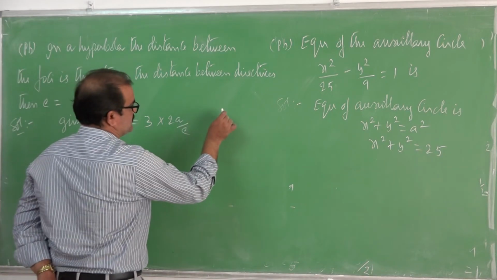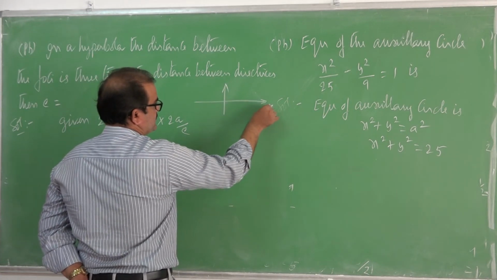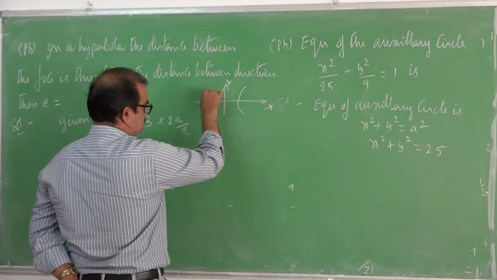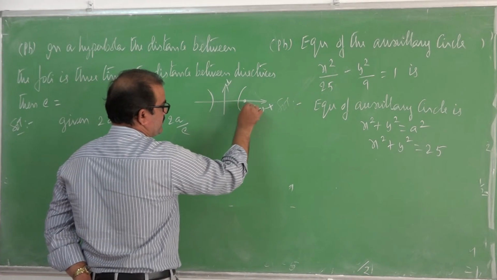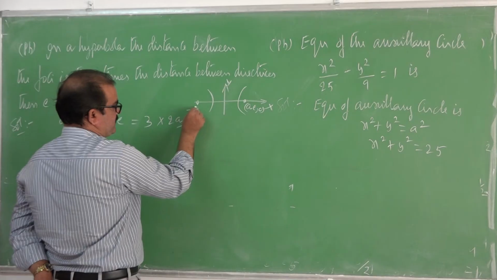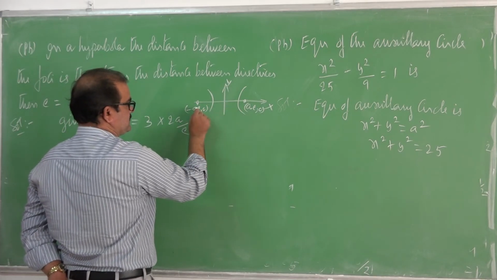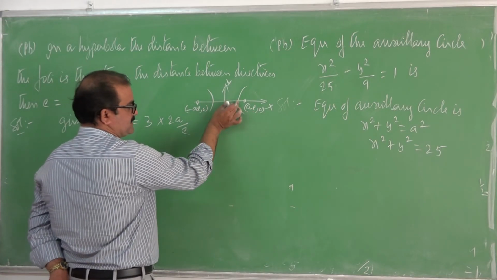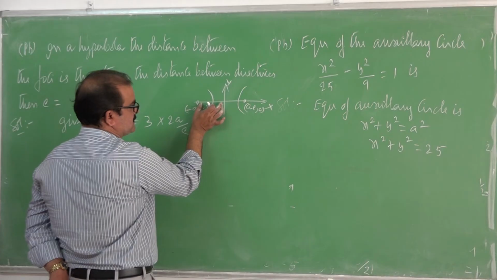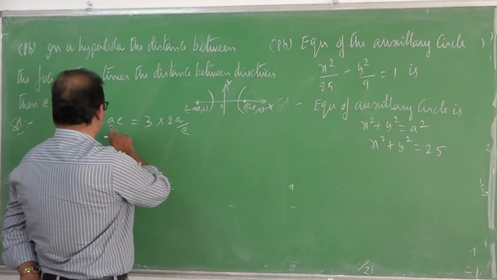See how these are obtained. You see this diagram, x-axis, y-axis. This is the hyperbola. One focus is ae comma 0, the second focus is minus ae comma 0. What is the distance between these 2 points? 2ae. This length is ae and this length is also ae, so the distance between the foci is 2ae.